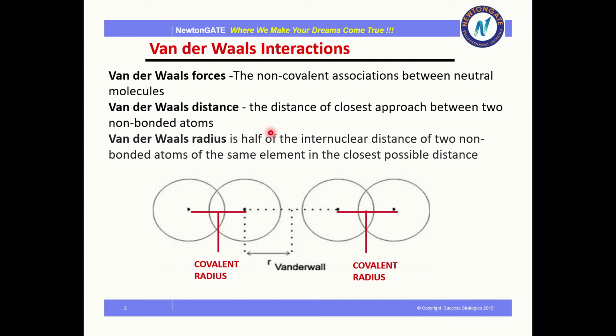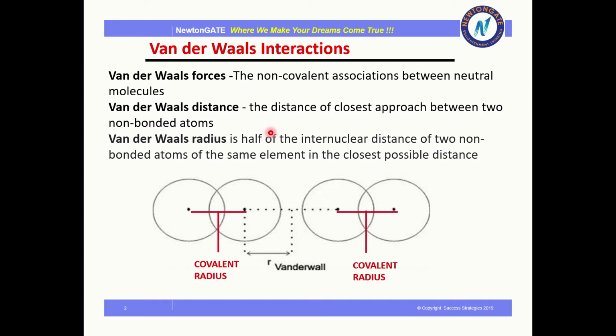The possibility of them coming together and interacting decreases as the separation between them increases. As the distance of separation decreases, the probability of their interaction also increases.